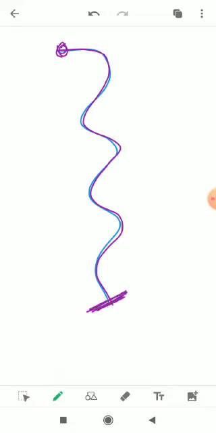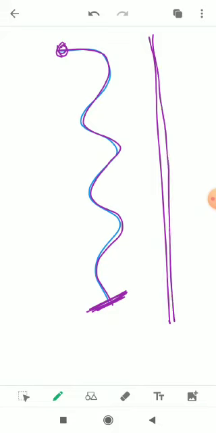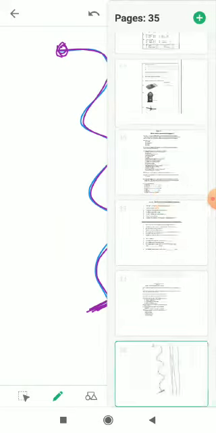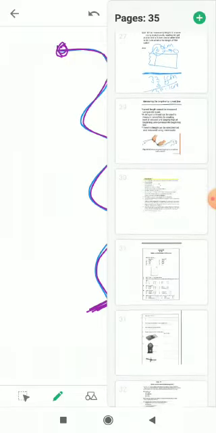And now we will take this thread and put it straight, and we will measure the length of this thread using a measuring scale. So whatever value we get, that will be the length of this curved line. So in this way we can measure the length of any curved line.